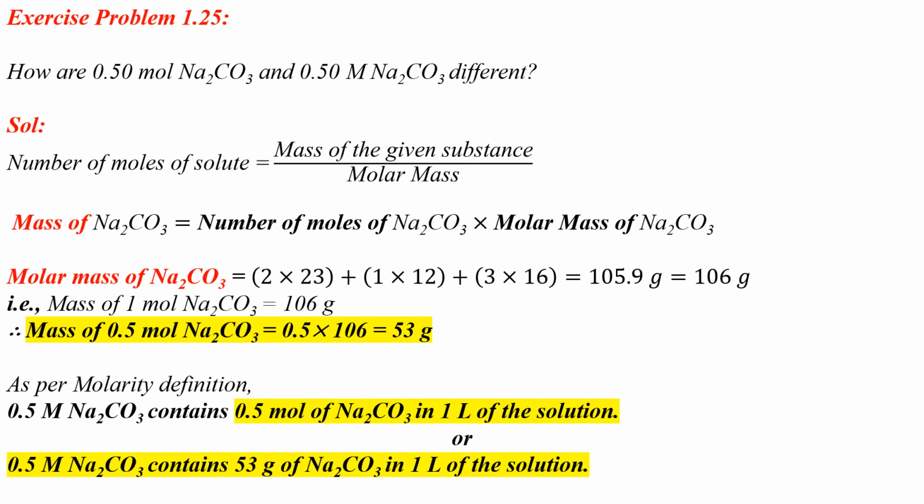So mass of 1 carbon atom is 12 grams and there are 3 oxygen atoms. So mass of each oxygen atom being 16, you multiply it with 3. On adding the sum of these, you get 105.9 grams and you can round it off to 106 grams. Therefore, molar mass, which is nothing but mass of 1 mole of sodium carbonate, is equal to 106 grams.